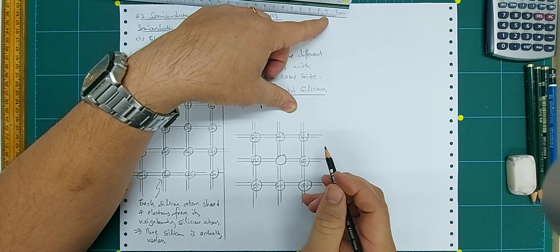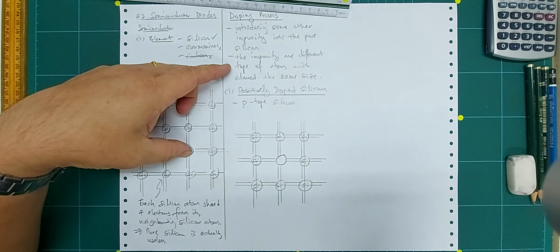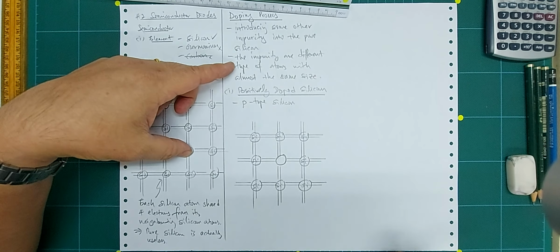That type of atom is called a trivalent atom. Okay, trivalent. Examples of trivalent atoms are boron, indium, and gallium.